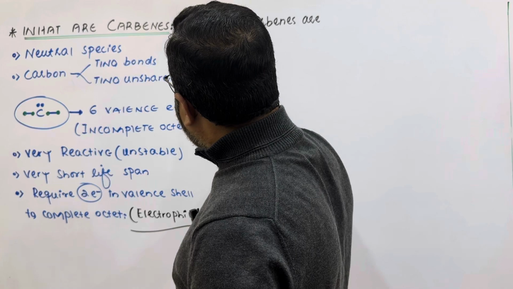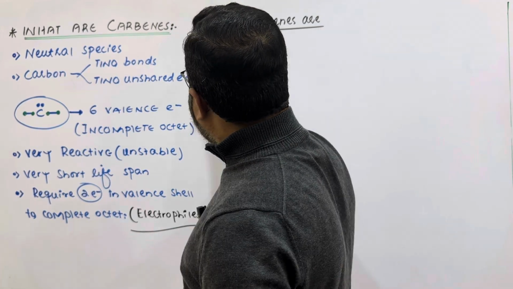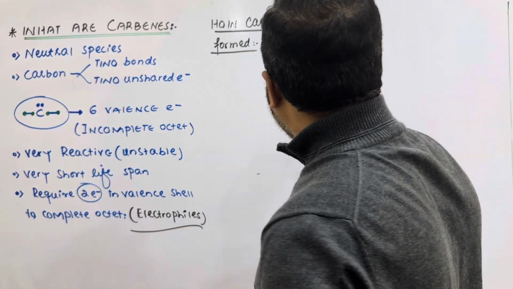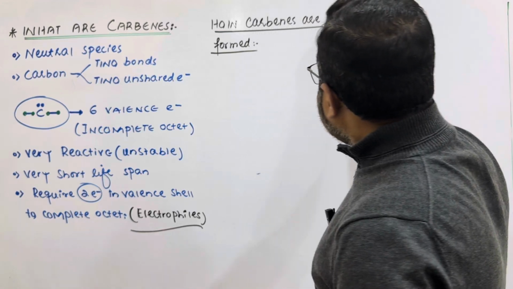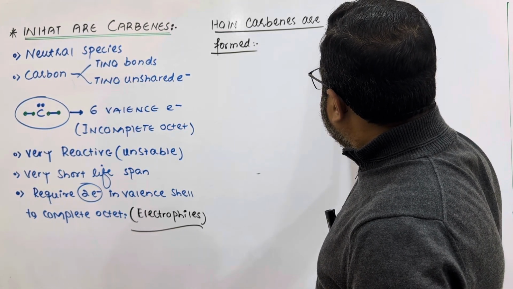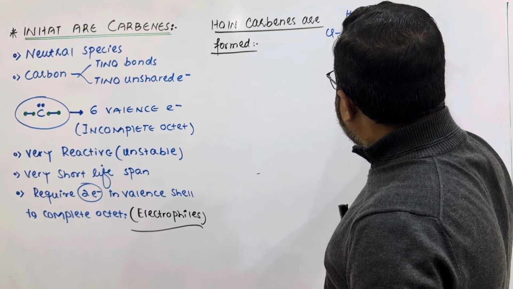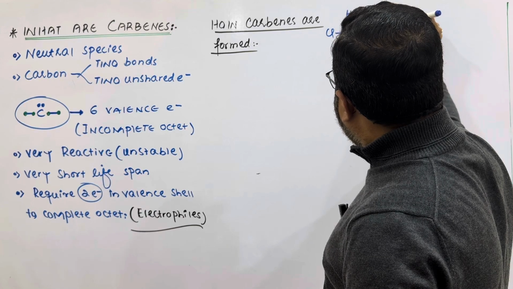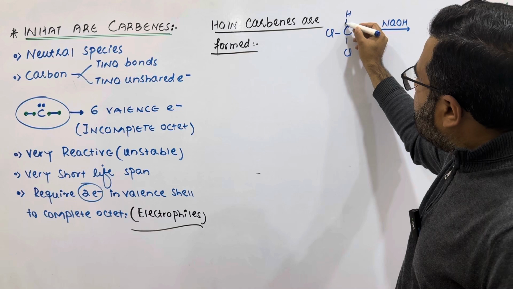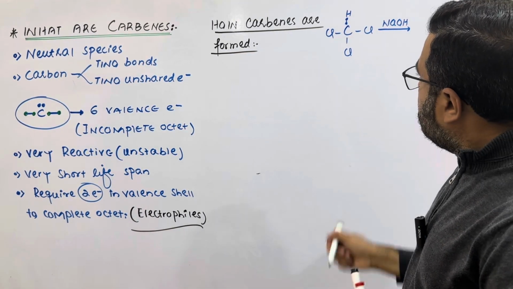How are carbenes formed? We will be discussing three methods of the formation of the carbenes. The first one is in which chloroform reacts with an alkali, a very strong base. In that case, my dear students, this base removes a proton from this chloroform.